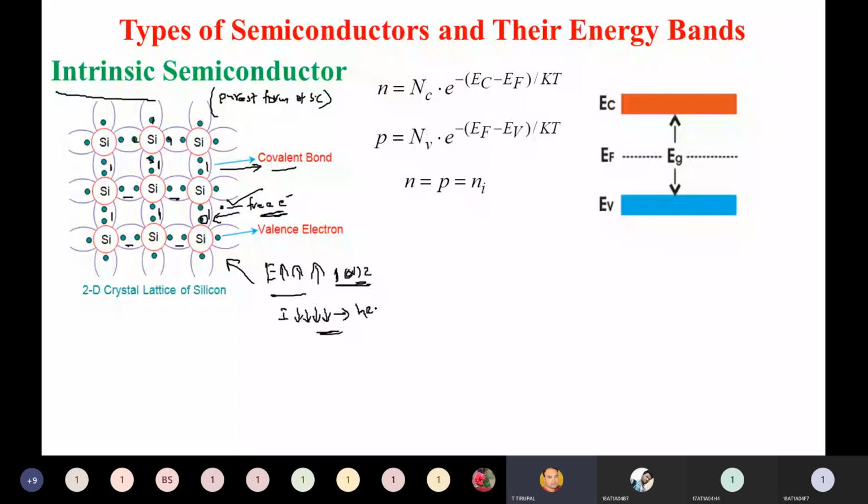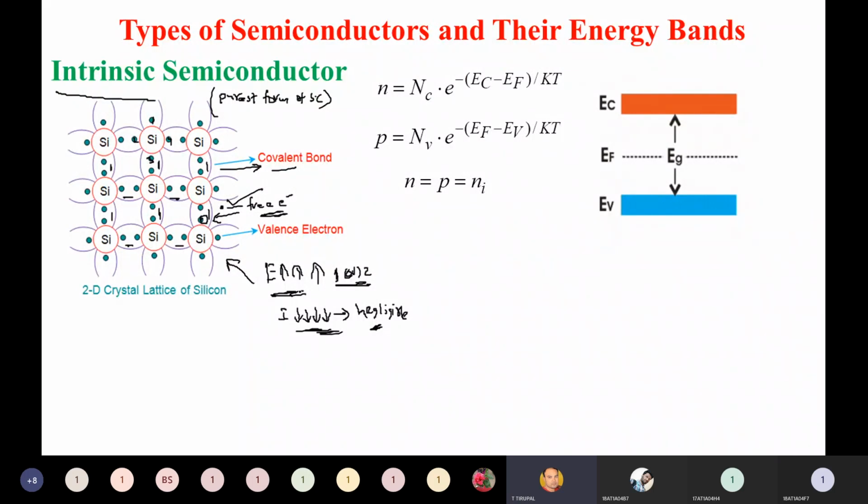So in an intrinsic semiconductor, if you want current to flow in the device, a lot of energy is applied externally. But even though you are applying a lot of external energy, the current is minimal, negligible. So intrinsic semiconductors are not used for flow of current, because they are pure semiconductors.